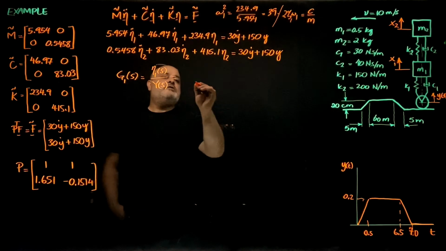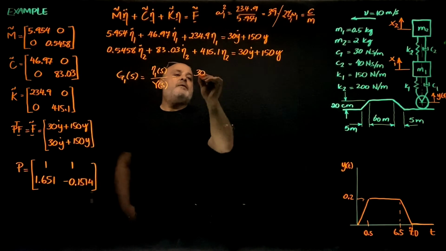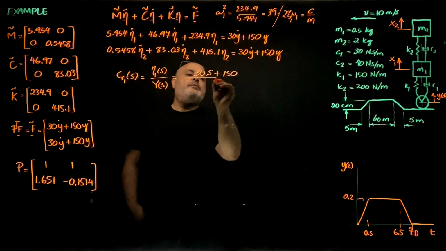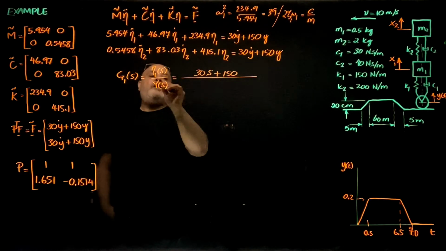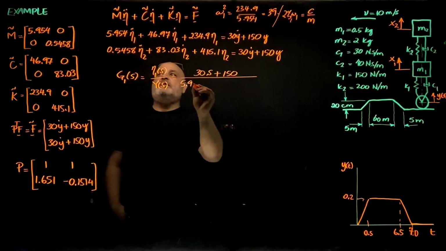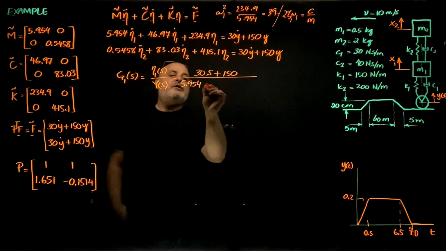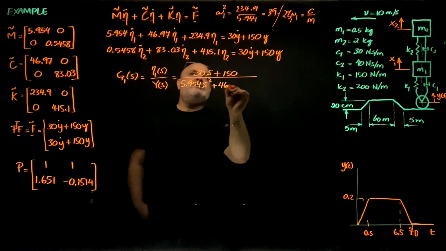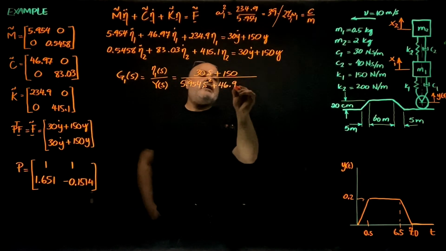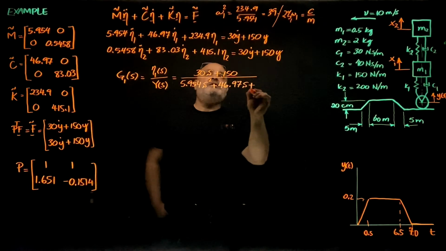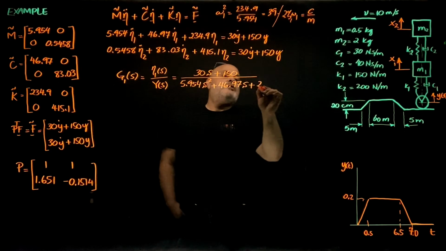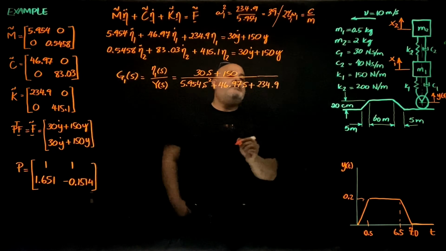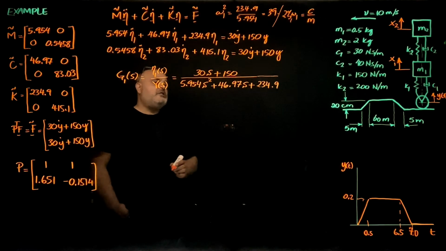The transfer function is going to be 30S plus 150 divided by 5.954 S squared plus 46.97 S plus 234.9. That's the first transfer function.